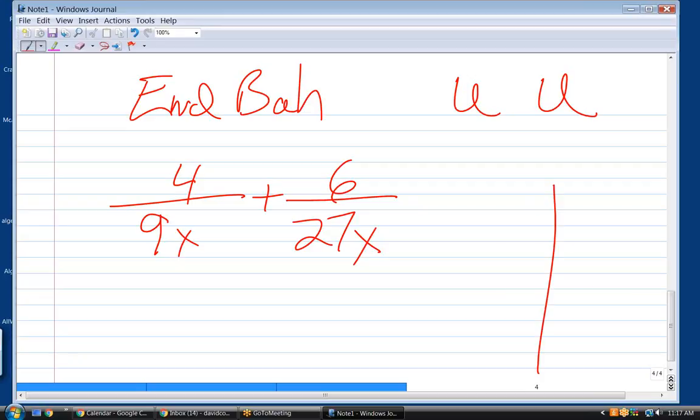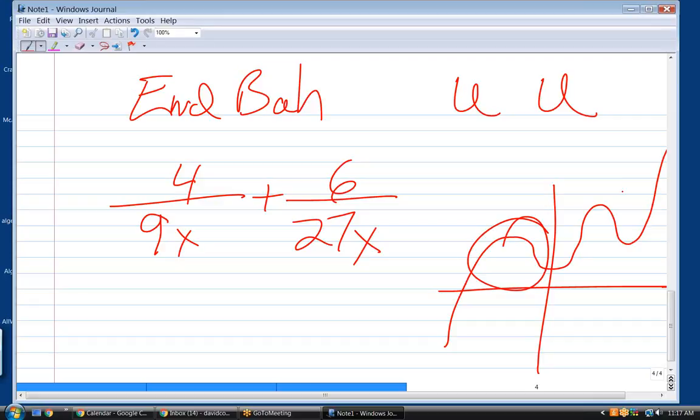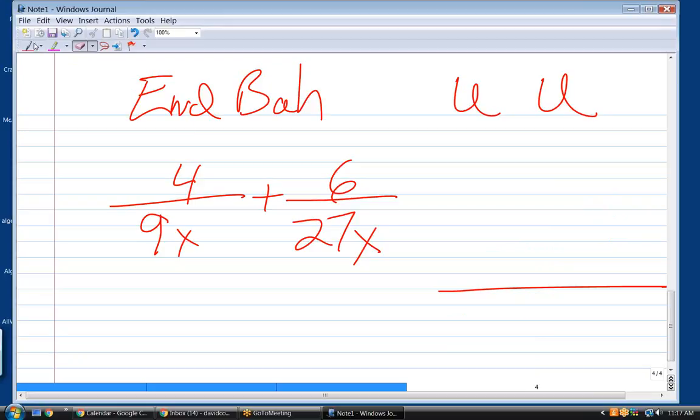What they're talking about is this. If it has 3 turning points, there's one turning point, there's another turning point. If it has end behavior of up and up, then the function has to look like this.